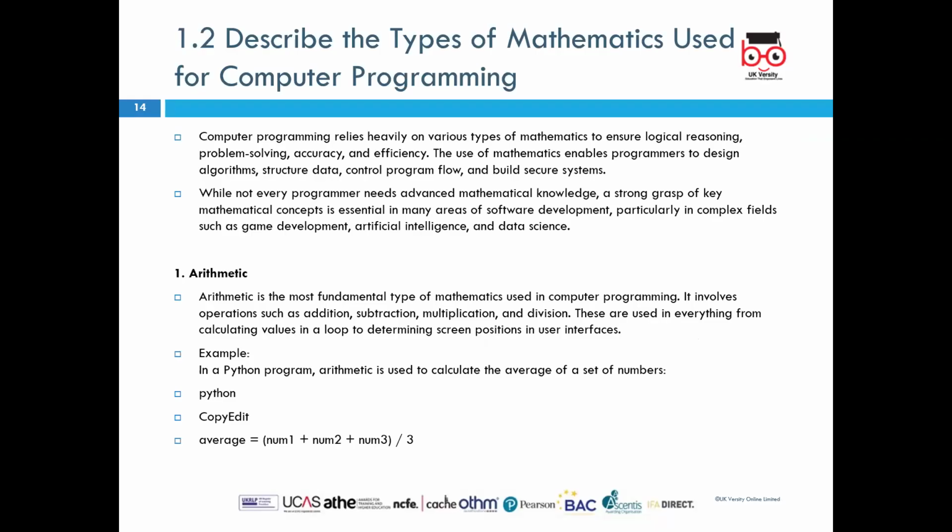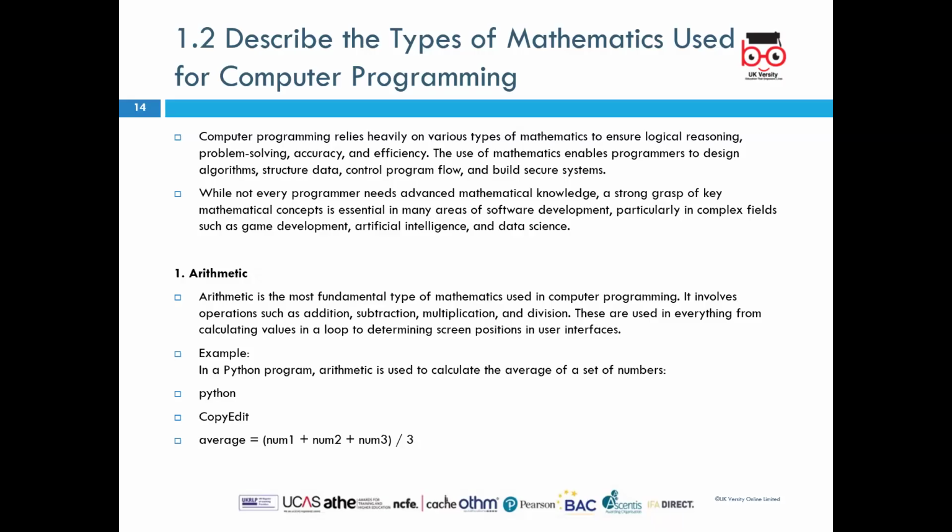So this section describes the types of mathematics used for computer programming. Computer programming relies heavily on various types of mathematics to ensure logical reasoning, problem solving, accuracy, and efficiency. The use of mathematics enables programmers to design algorithms, structure data, control program flow, and build secure systems.